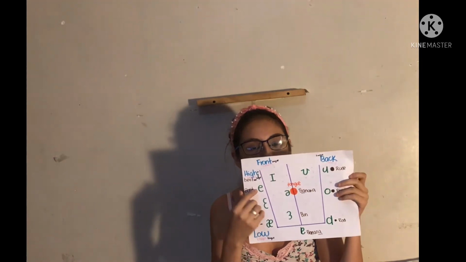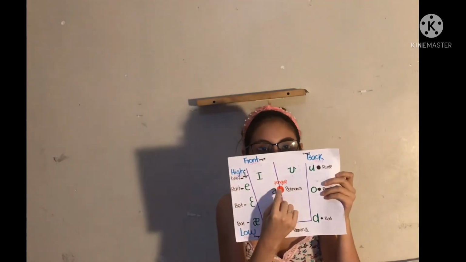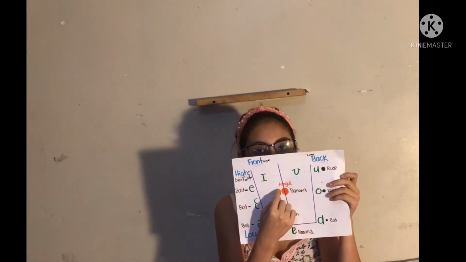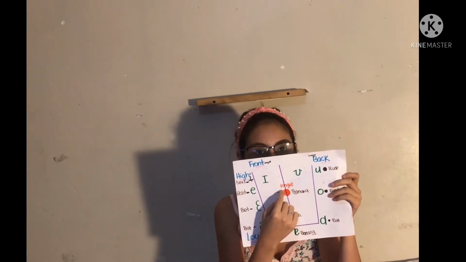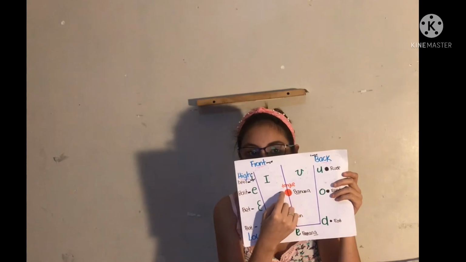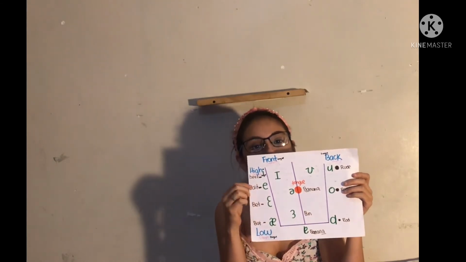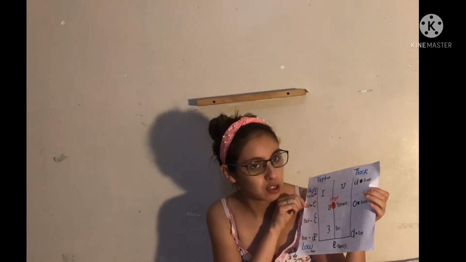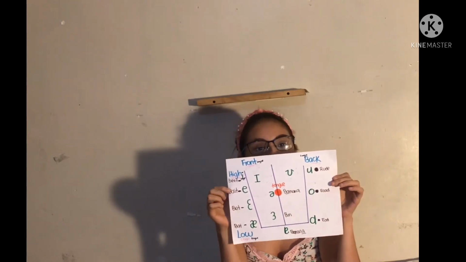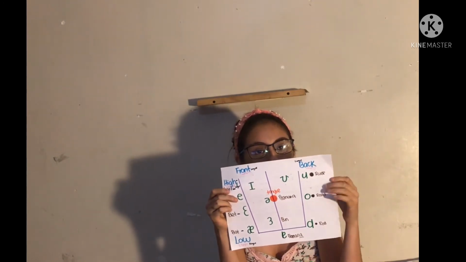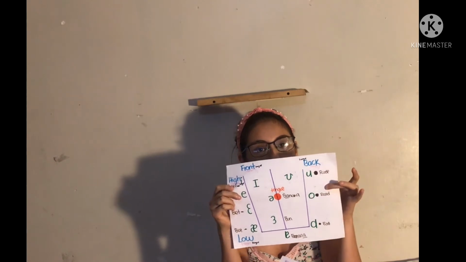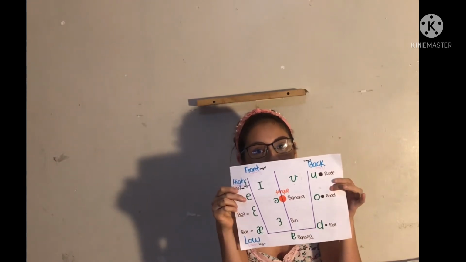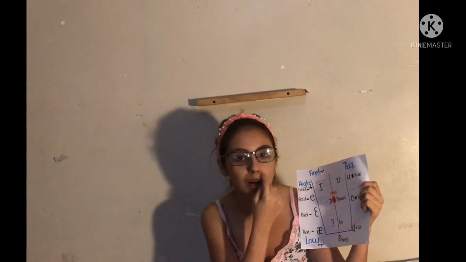This is the IPA table, and the orange dot is the tongue. The tongue position can be forward, backward, up or down, depending on the pronunciation. For the vowels on our left side, the tongue tends to be back and the lips are round.